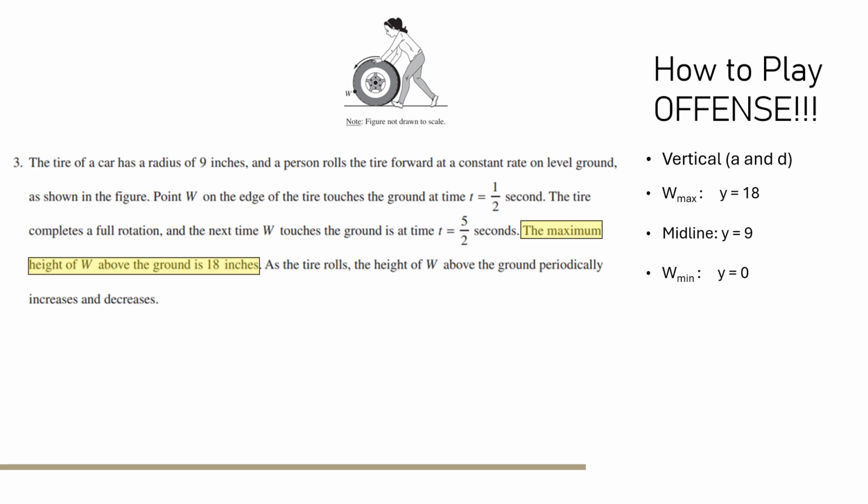And they make it pretty easy in this one. So we got a max 18 inches over the ground. We've got the radius is 9 inches. So that stuff's all easy to get. Midpoint's at 9, amplitude's 9. Boom. I got off to a good start, I got some information.